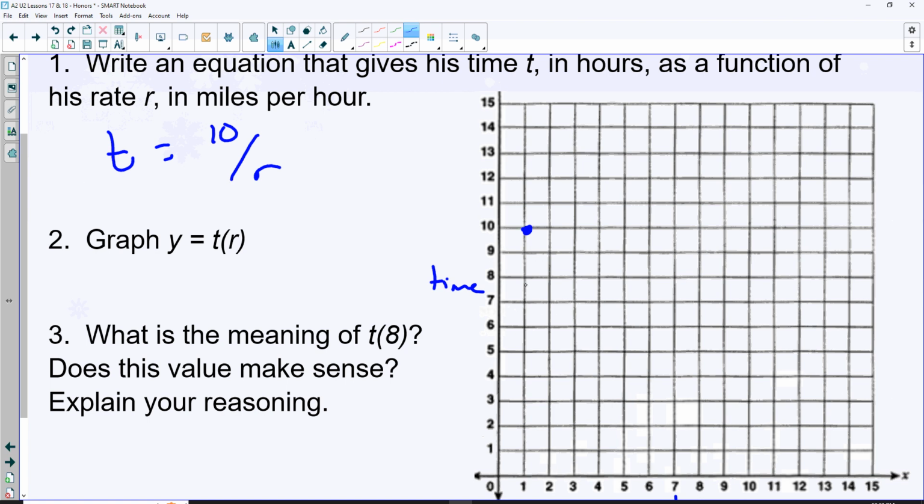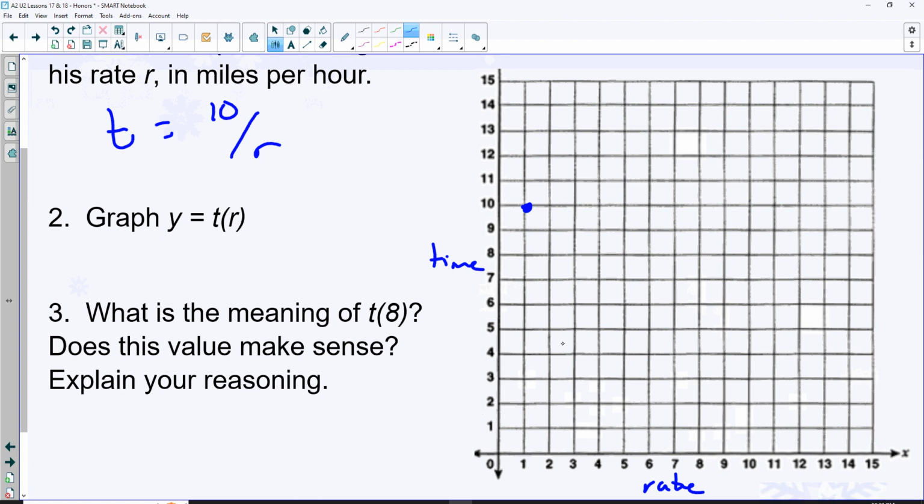What if he goes for 2 miles an hour? Then it's only going to take him 5 hours. What if he goes for 3? 3 miles an hour. 10 divided by 3, it's about 3 1/3. So a lot of a smaller jump here. Now, what if he goes for 4? 10 over 4 is 2.5.